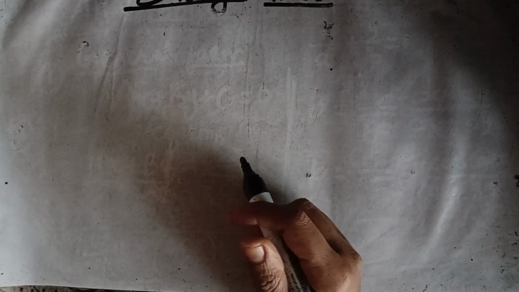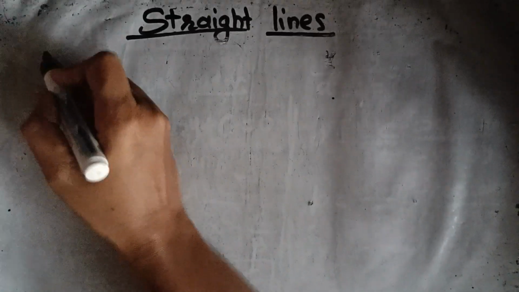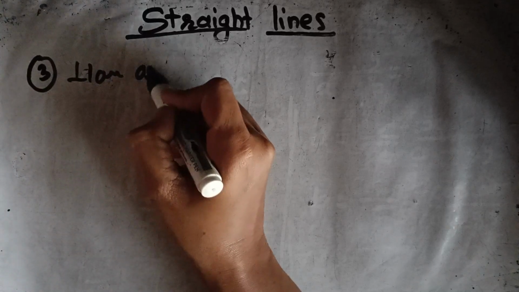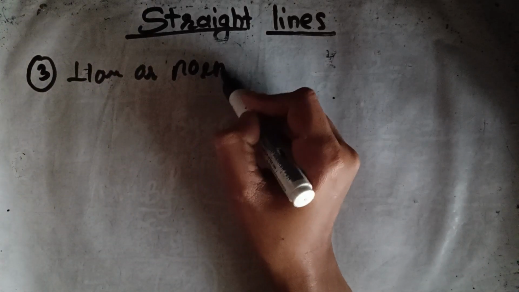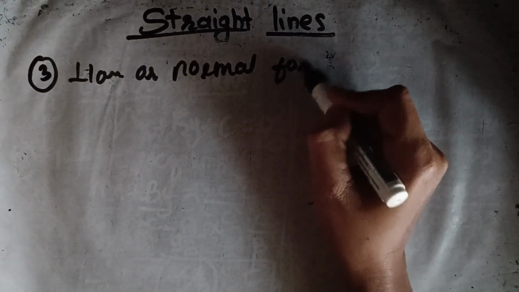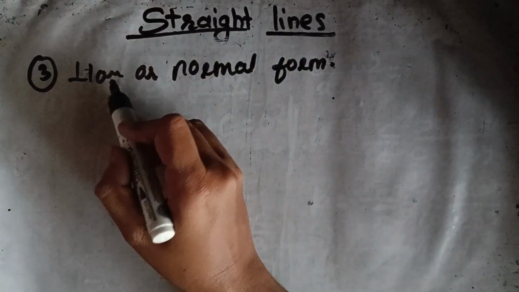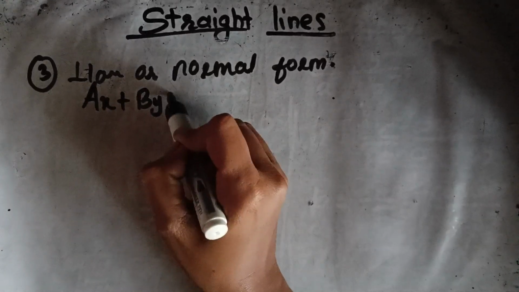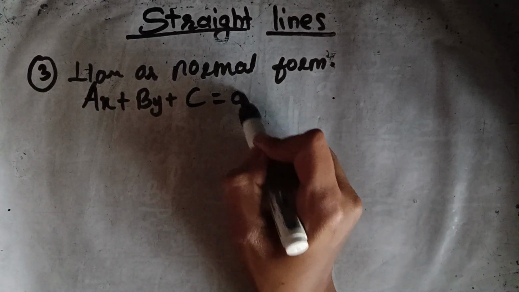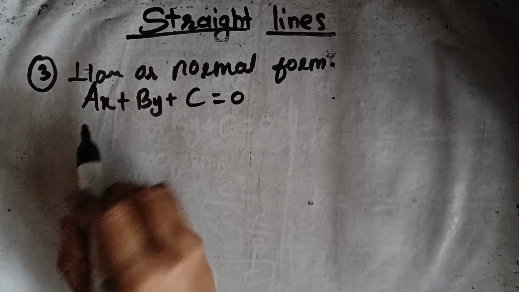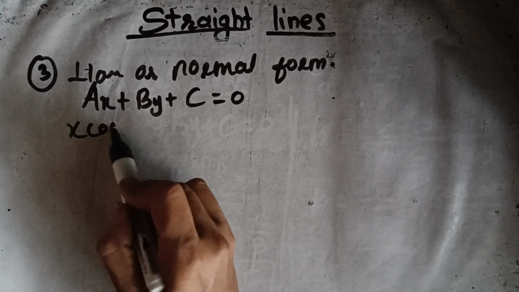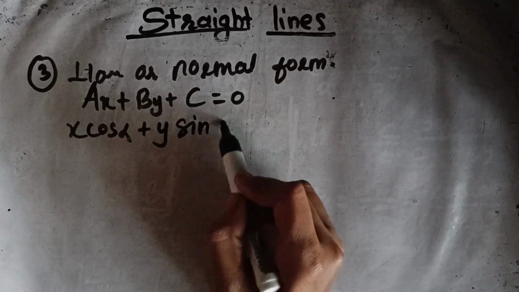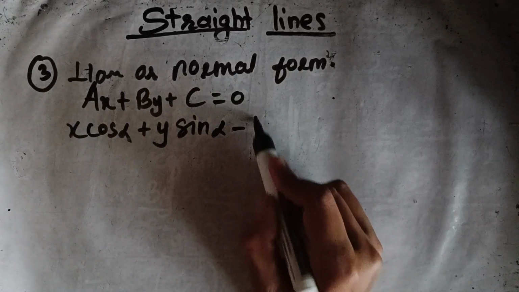Next, we'll reduce it to normal form, that is our perpendicular form. So ax plus by plus c equal to 0, this we have to write as x cos alpha plus y sin alpha equal to p, the normal form equation.